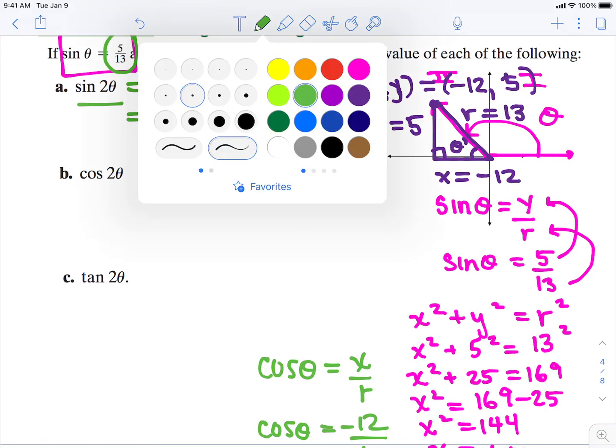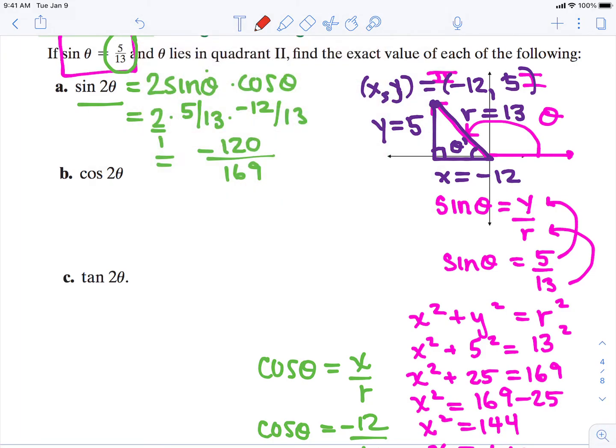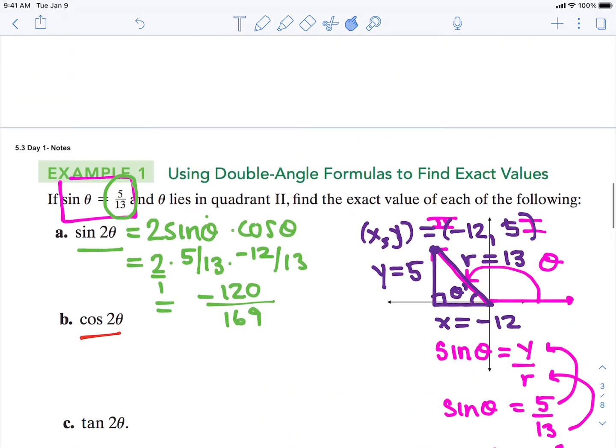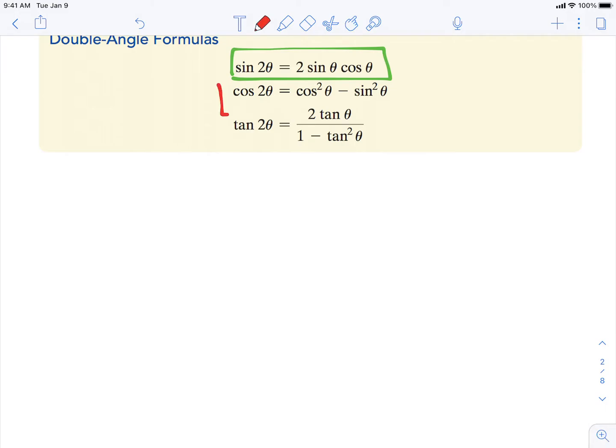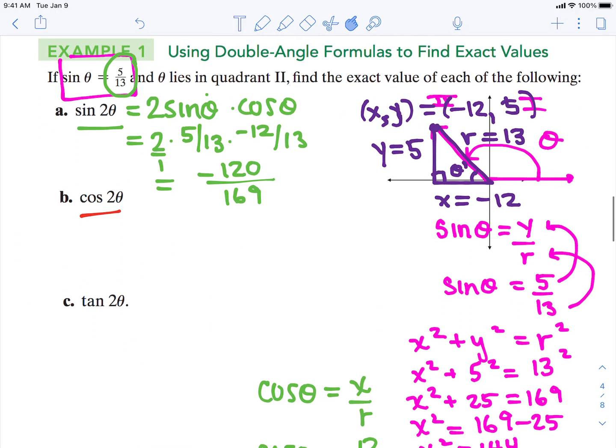All right, let's now find the cosine of 2 theta. So we go up to our formulas. Here's the cosine of 2 theta, and we're going to write that formula down: cosine squared of theta minus sine squared of theta. And now we sub in those ratios.